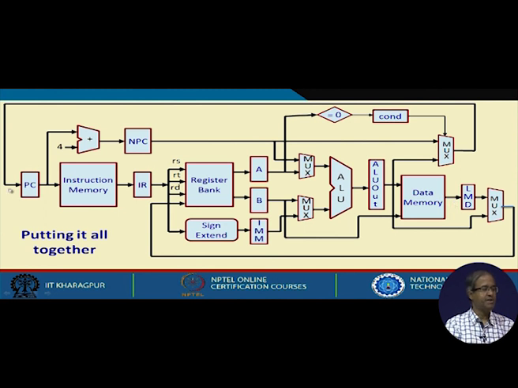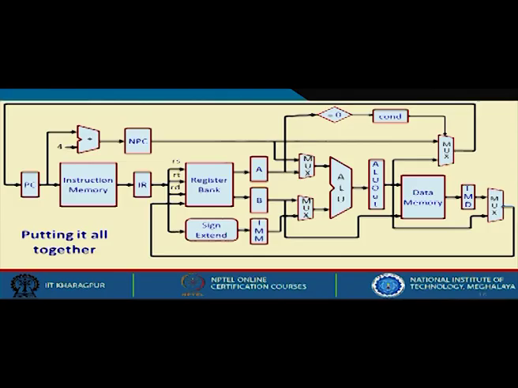For example, one immediate thing I can see is that this PC is getting modified based on a decision that is taken in the MEM stage. I cannot wait that long, because I have to fetch a new instruction every clock cycle. So, I need to increment my PC in the IF stage itself. These are a few things we shall be seeing in our subsequent lectures.